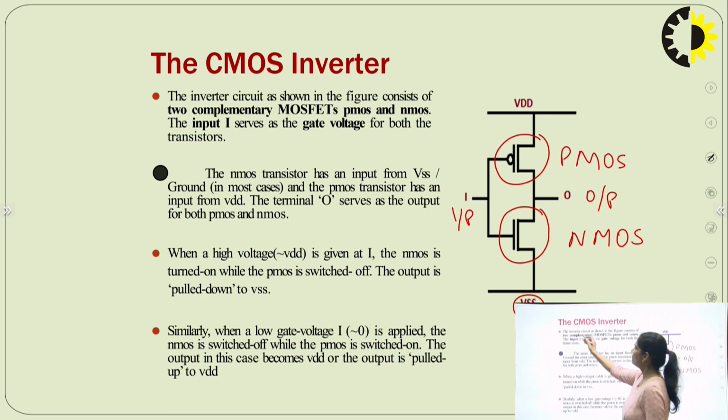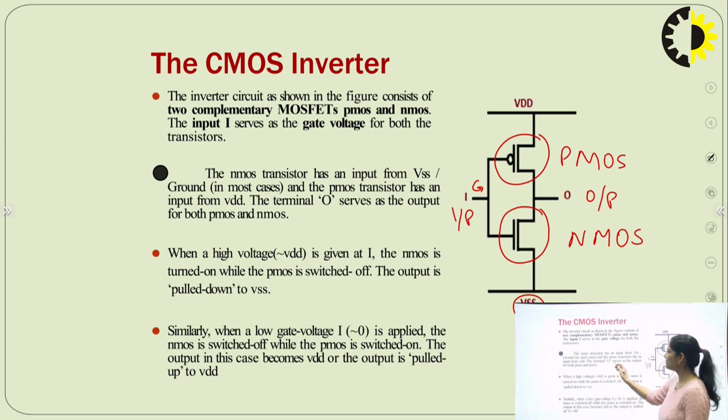So in the CMOS inverter circuit, two complementary MOSFETs, PMOS and NMOS, are connected. The input serves as the gate voltage for both transistors, so this terminal is the gate. The NMOS transistor has its other terminal connected to ground and the PMOS transistor to VDD.